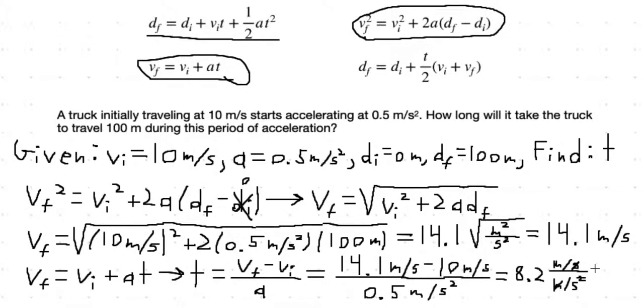So I'm just going to be left with 1 over seconds. So if I have 1 divided by 1 over seconds, that's going to be equivalent to just seconds in the numerator. So I do get the units of seconds, which makes sense because I'm solving for time.